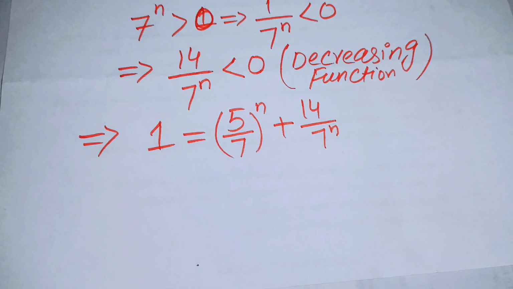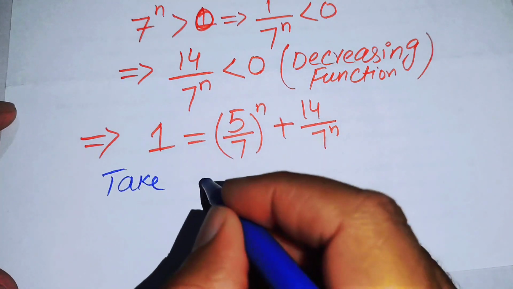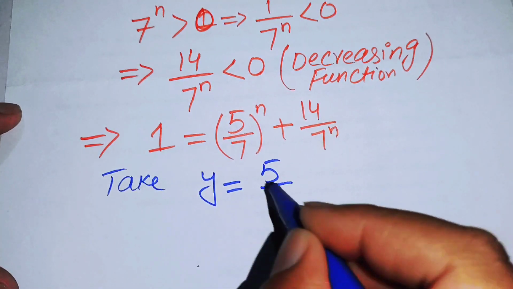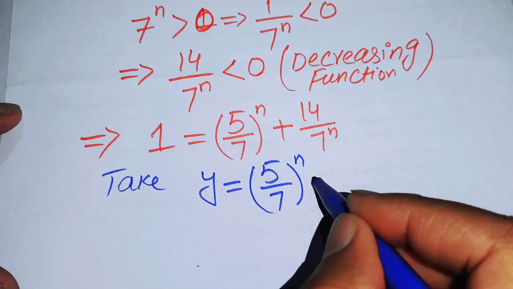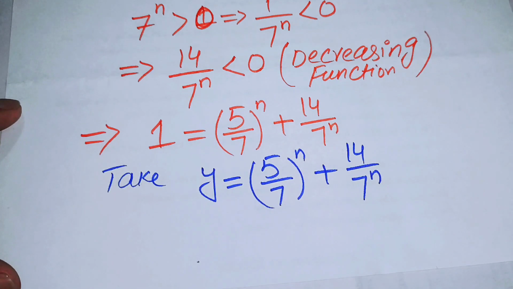Now I can take the right hand side of this function equal to y, and here you have y is equal to 5 over 7 to the power of n plus 14 over 7 to the power of n.